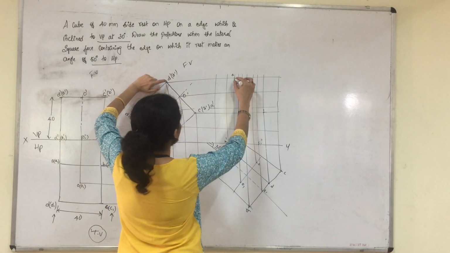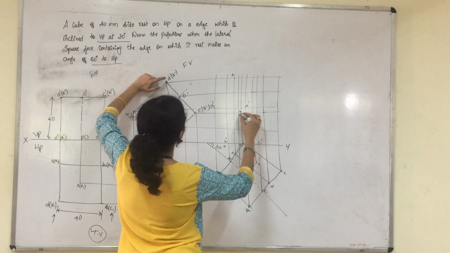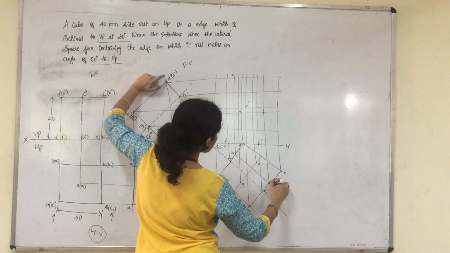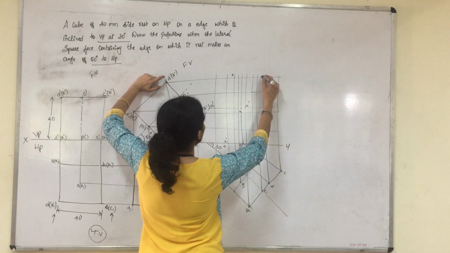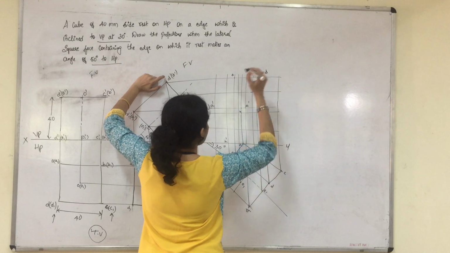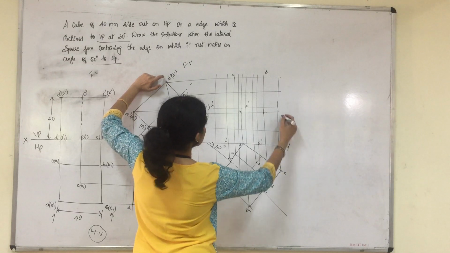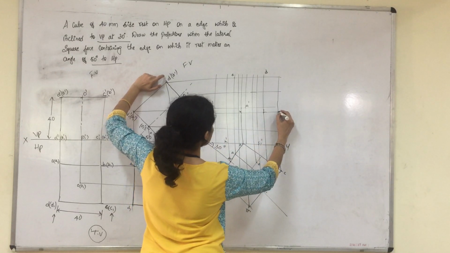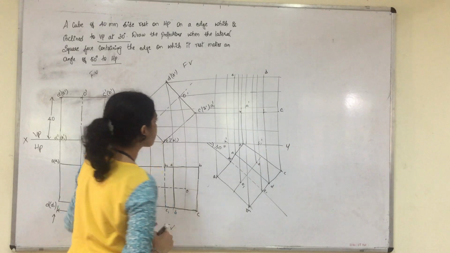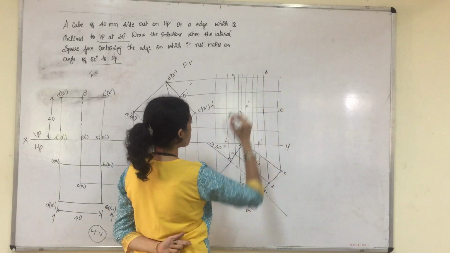So locus of A is done, and after that locus of B is done. Then locus of D. So locus of D is meeting D dash at this point. So this is our D. And then what is left out? Locus of C. So locus of C is meeting C dash at this point. So this is our C. So we got the bottom square as well as the top square.